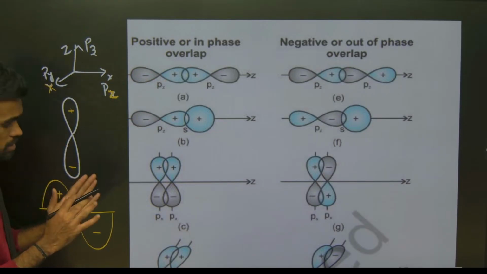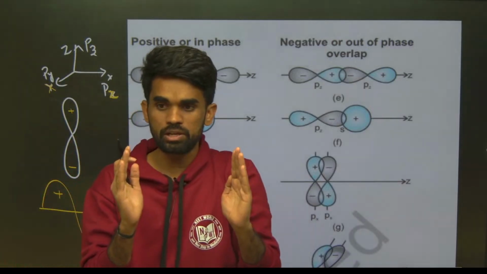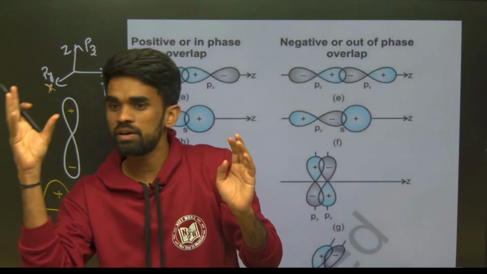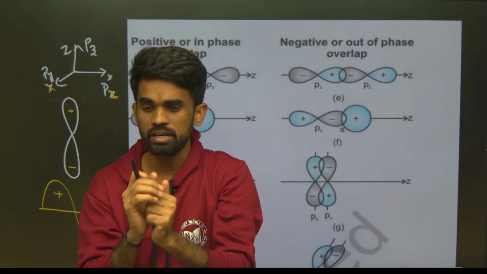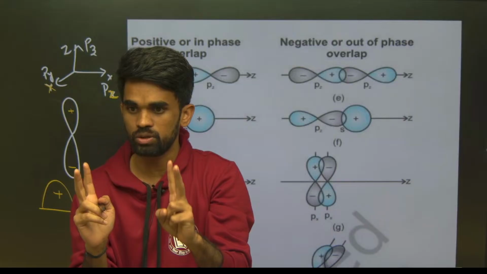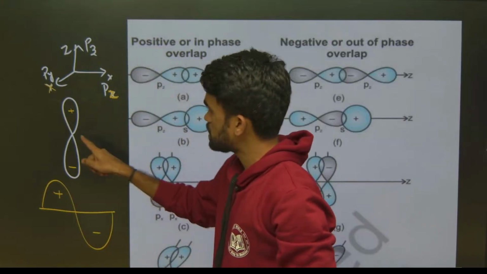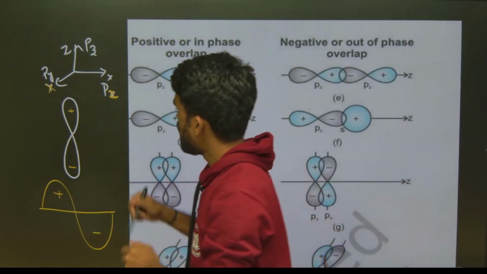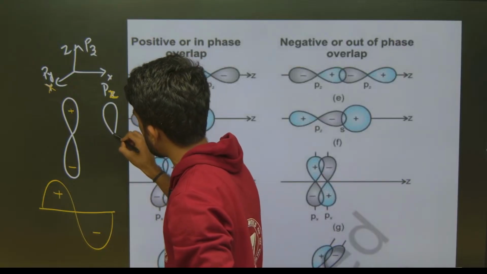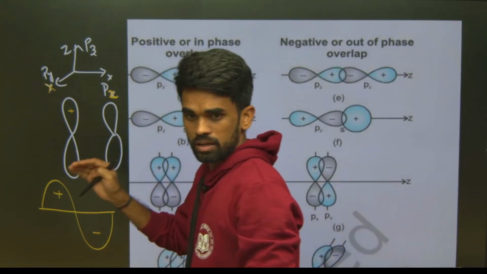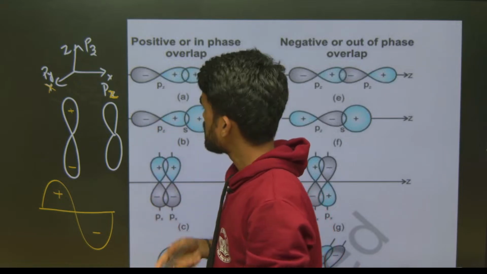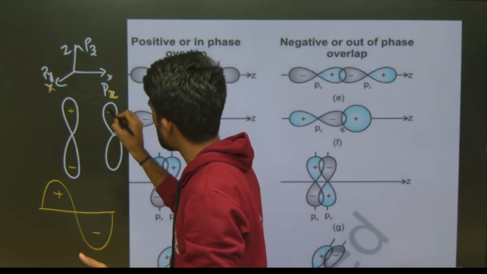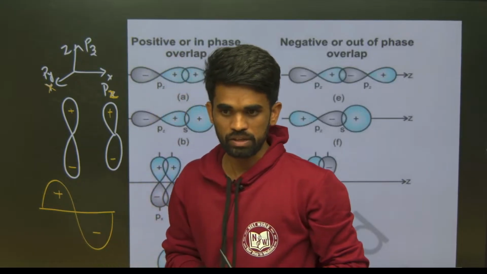Now, in order to form a molecule, the orbital of this atom and the orbital of the other atom should overlap. It means two atomic orbitals are required. This is one atomic orbital of one atom and another atomic orbital of the other atom will also be there. That can also have positive and negative signs for the p orbital.